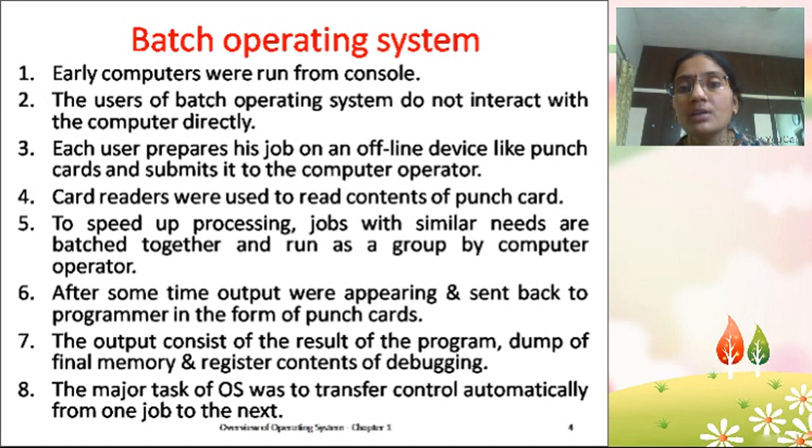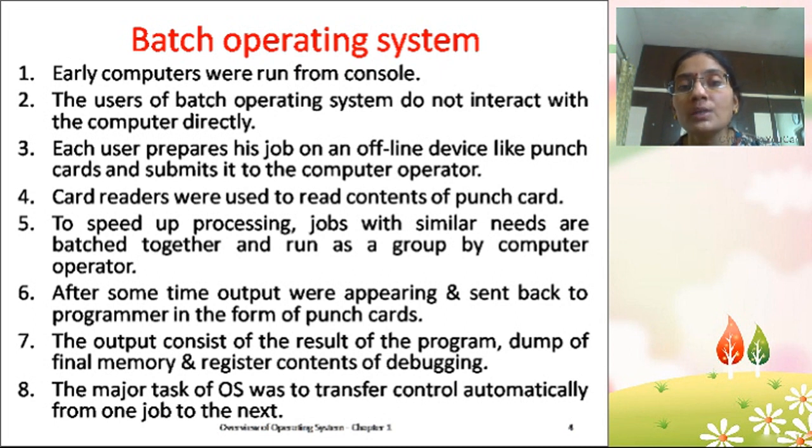So every time a job was to be executed, the computer operator required to install all the resources required for the execution of that particular job, and then start the execution of that job. And after completion of the job execution, the computer operator would uninstall the resources allocated for the job execution.